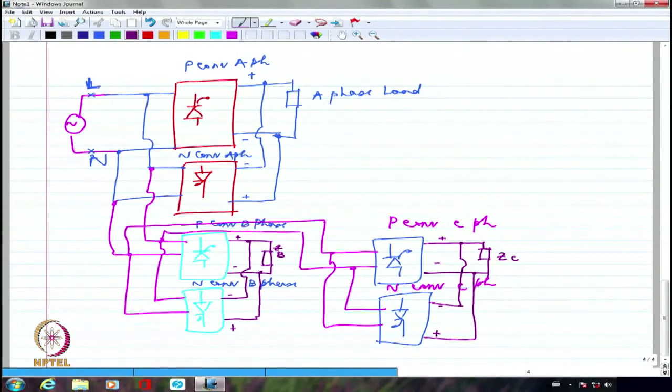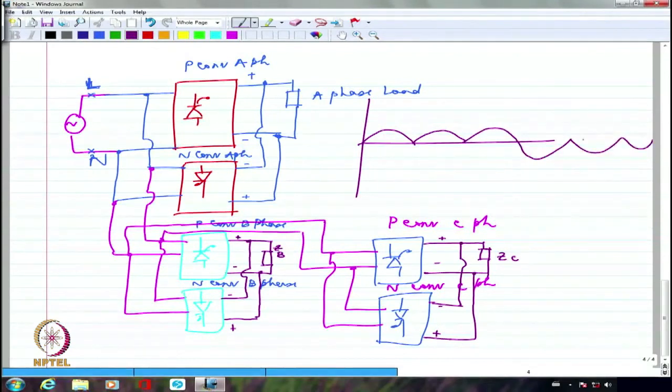You get my point. If I am going to have my A phase output somewhat like this, and then it is going to have 3 half cycles like this. This is the A phase, ZA voltage, VZA. VZB can start from this half cycle. You get my point, because this entire thing corresponds to 180 degrees.